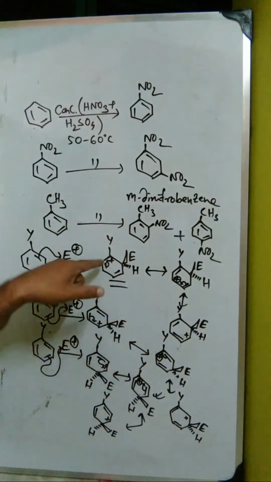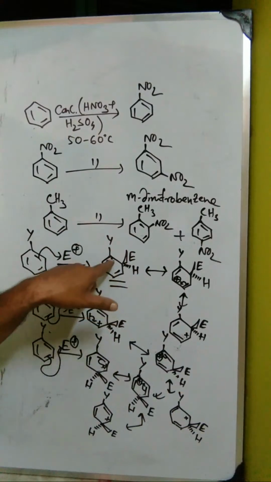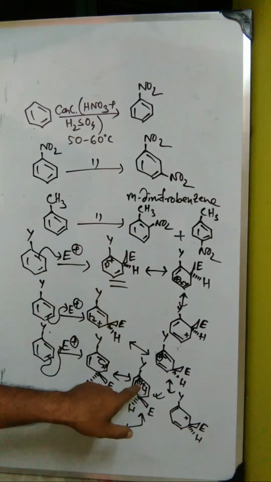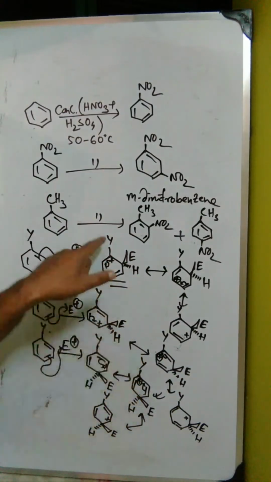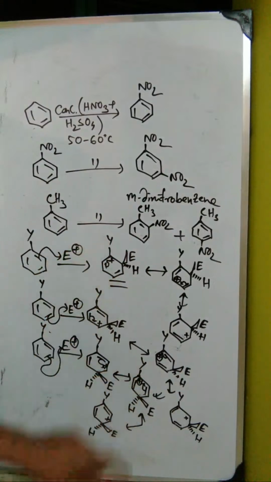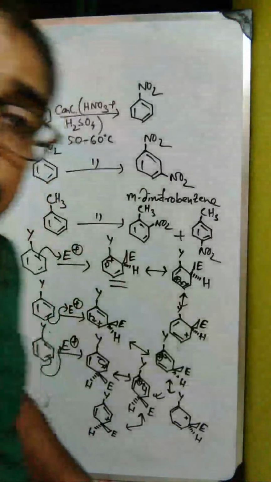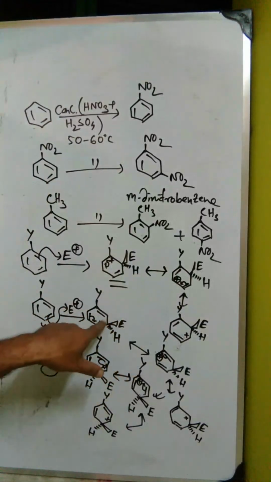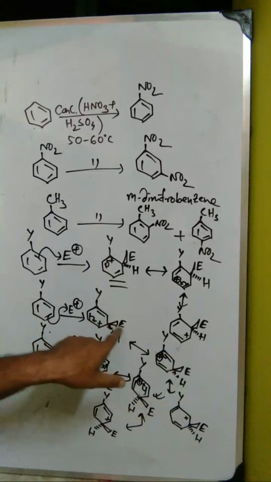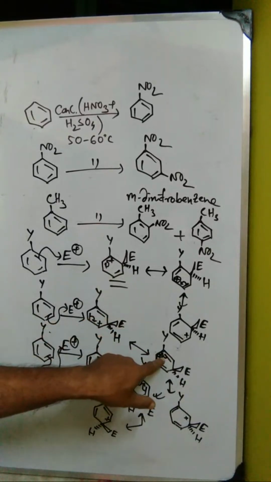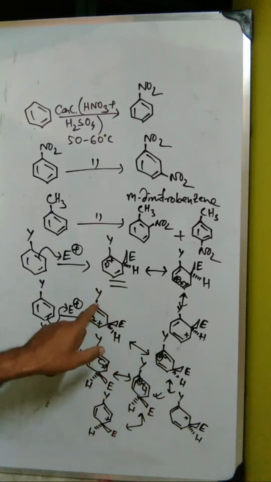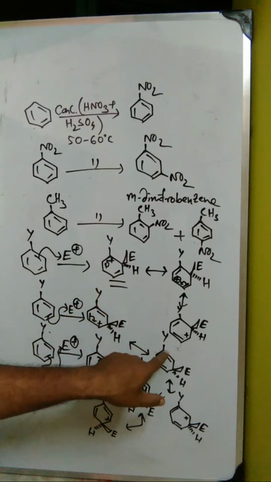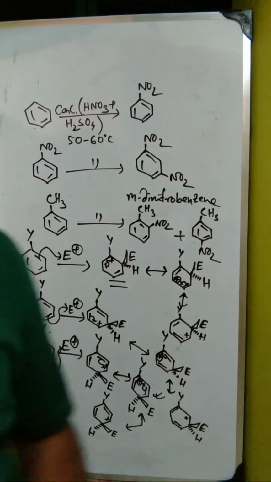Okay, look here, in this resonating structure and in this resonating structure, the substituent bearing carbon is carrying a positive charge, but no such resonating structures are there in case of meta substitution. No such positive charge is there, that is, the Y bearing carbon is not carrying any positive charge.